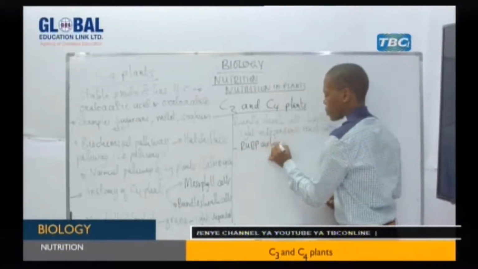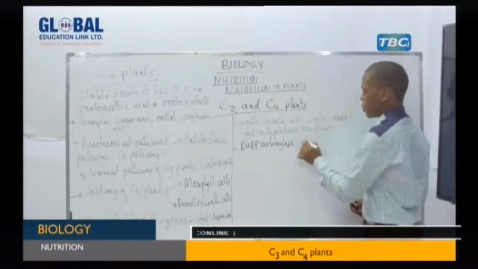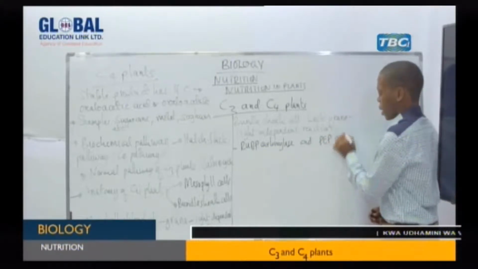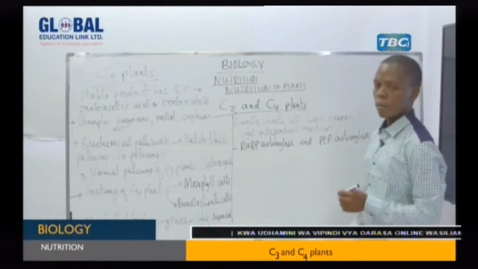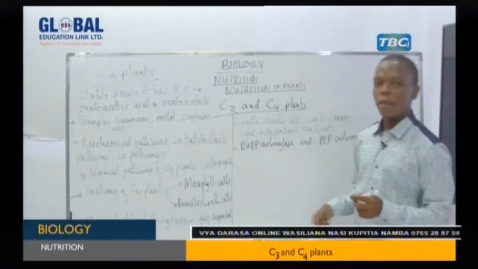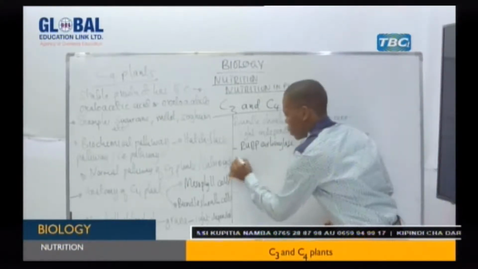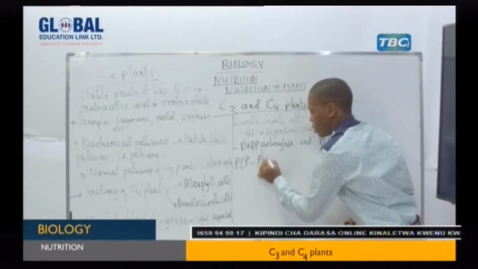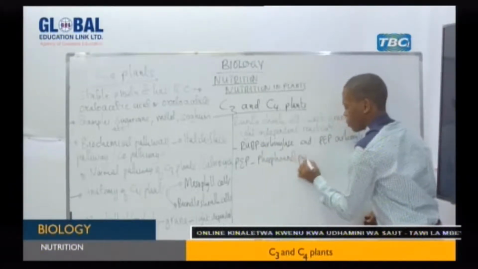As you have said in the C3 plant, RuBP stands for ribulose bisphosphate, but PEP stands for phosphoenol pyruvate.